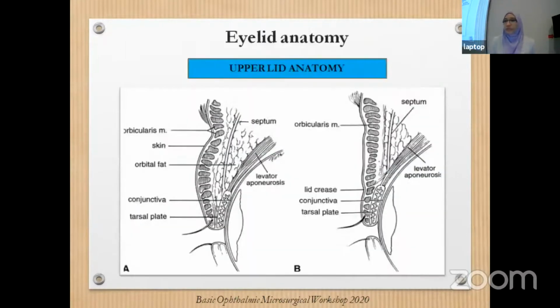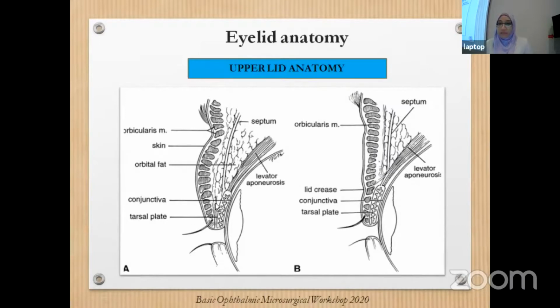This is the anatomy of the upper eyelid. This is the most important and famous question in the exam, right? Upper, and don't forget the lower eyelid anatomy. This is the upper eyelid anatomy. The outermost is the skin, followed by the subcutaneous tissue and the orbicularis muscle.